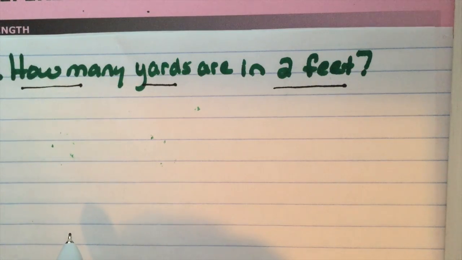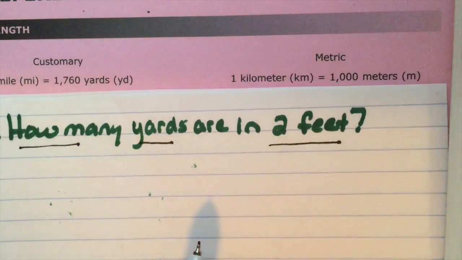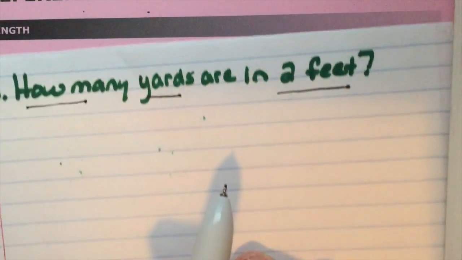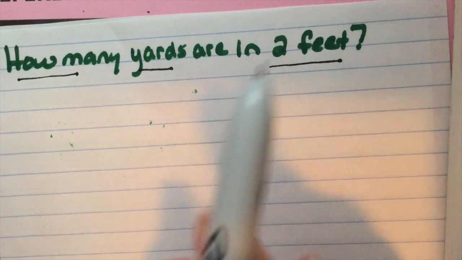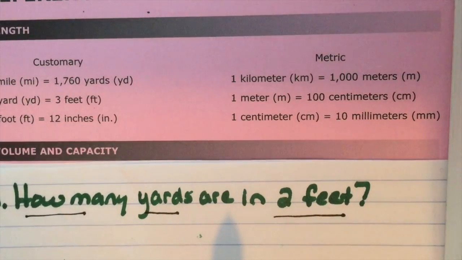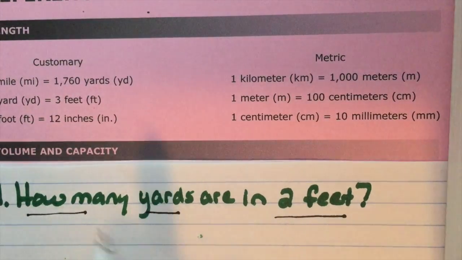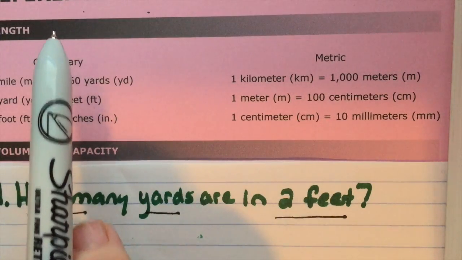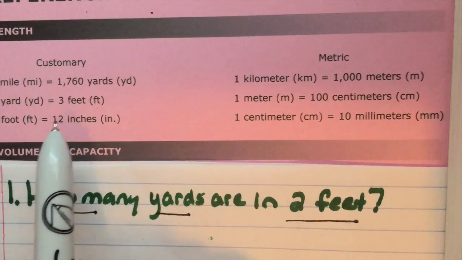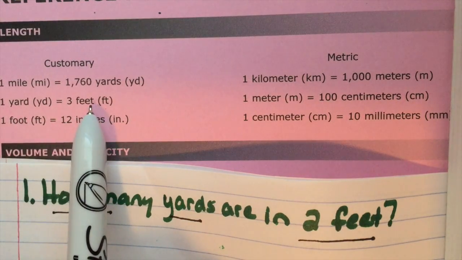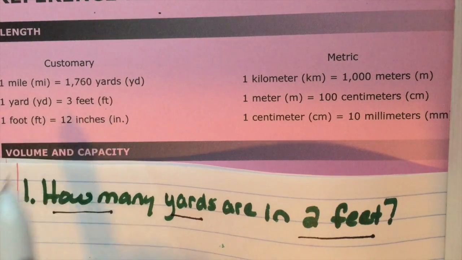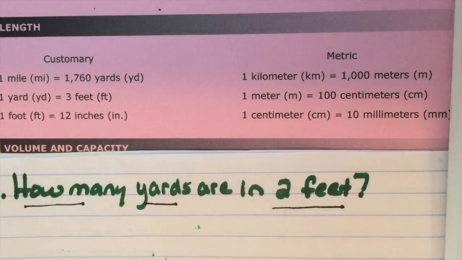Let's look at our math reference sheet to see if we can find any information about the relationship between yards and feet. Scanning the length section of our reference sheet, we can see that 1 yard is equal to 3 feet. This is exactly the information that we need to answer our question.